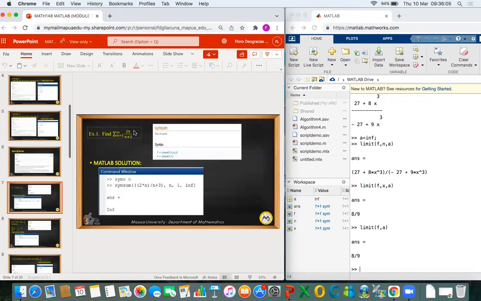Root test? We cannot use root test here because there is no n exponent here. Ratio test, sir. Okay, ratio test. Yes, we can use ratio test, but let us use the one that is more appropriate.